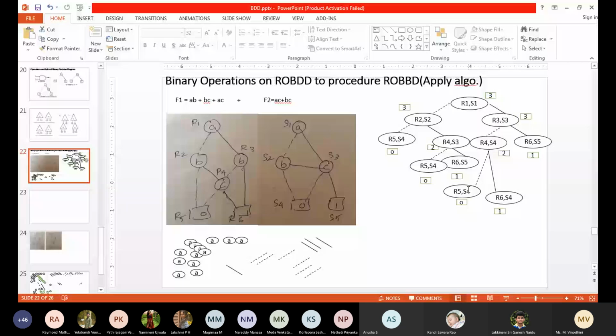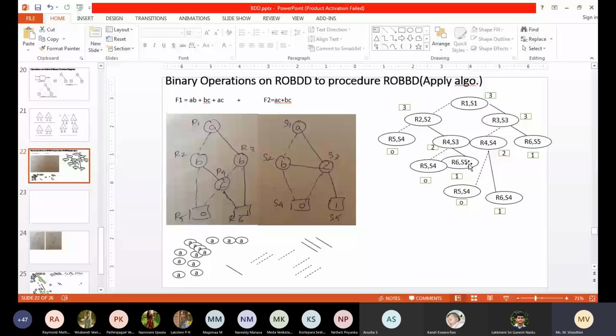S4, S4. Now, the operation which we are going to perform on F1 and F2 is plus. So now, S5, S4, R5, S4. R5 value is 0. S4 value is 0. 0 plus 0 is 0. S5 is 1, so 1 plus 1, 1.